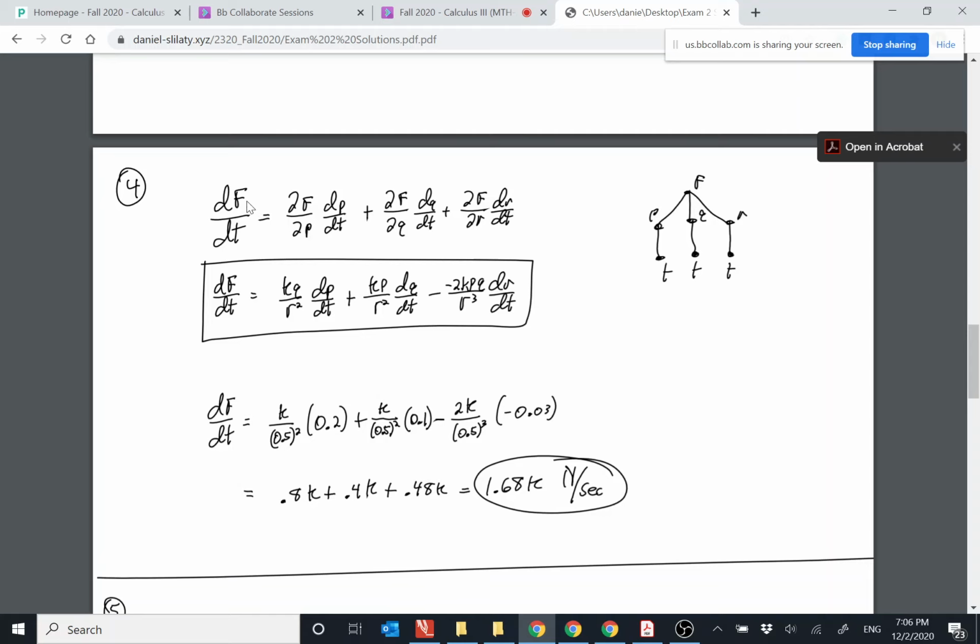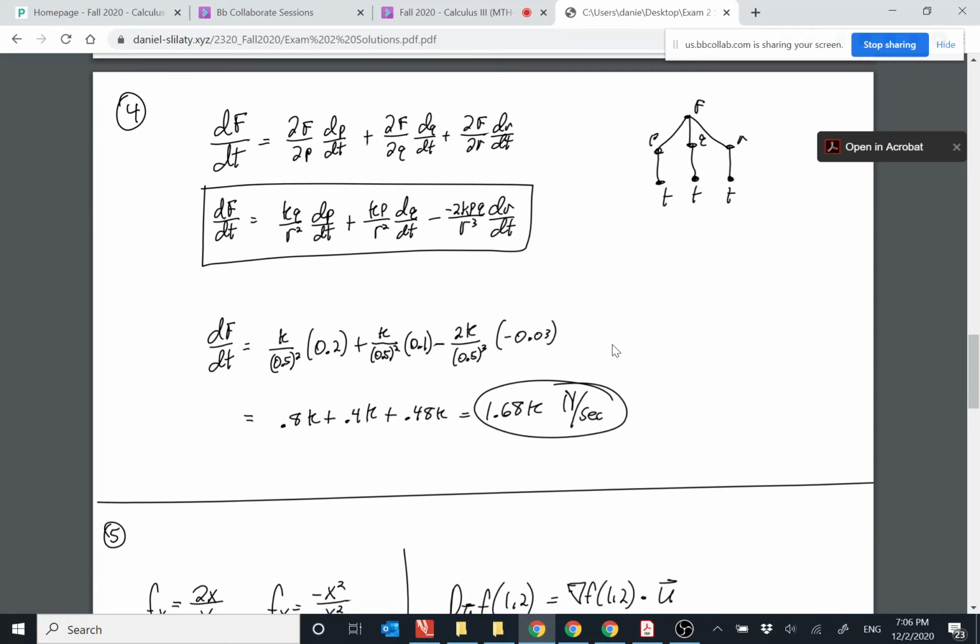So the chain rule says that dF/dt, since F ultimately is a function of t, is equal to partial f partial p times dp/dt, plus partial f partial q times dq/dt, plus partial f partial r times dr/dt. This is the standard thing. Well, for that function f, you can find the partial derivative with respect to p, it's that.